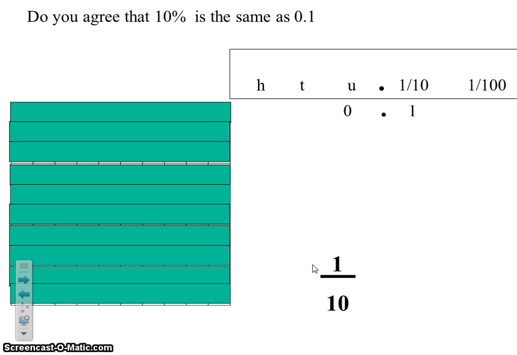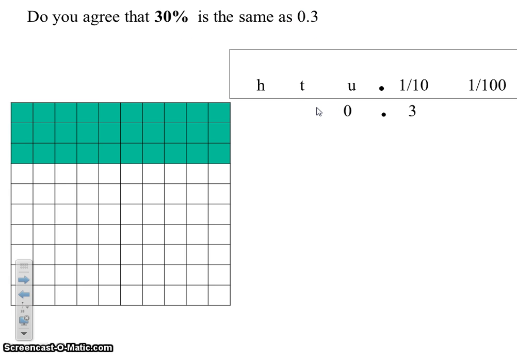So it relates back to place value, that 10 of these makes a whole. So 10 lots of 10% will make one whole, 100%. And then they start to get the relationship that a tenth is the same as 10%, which is the same as 0.1.